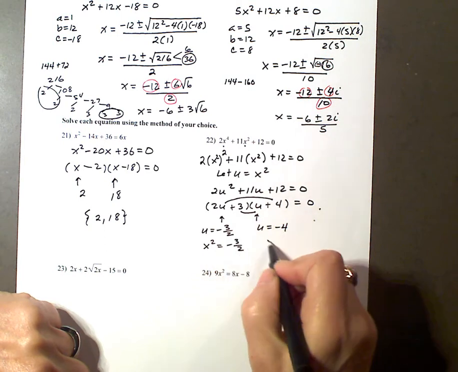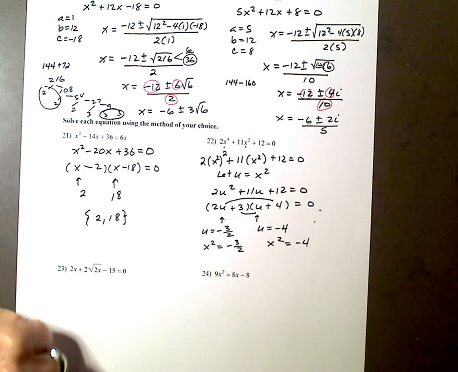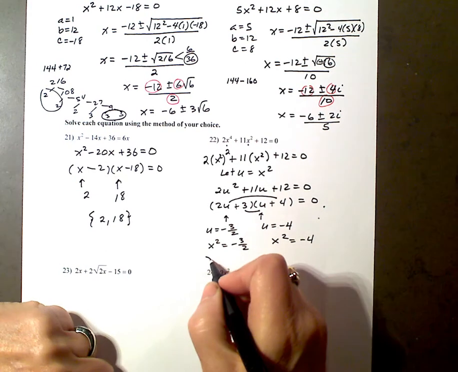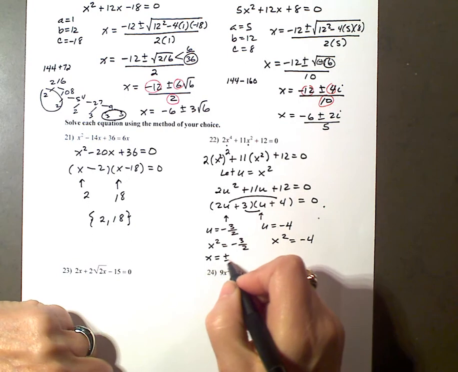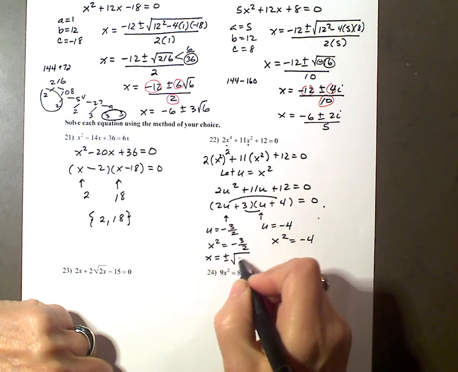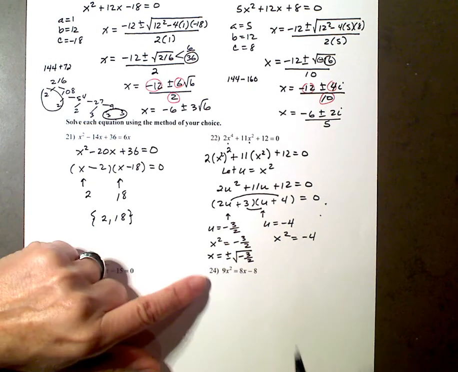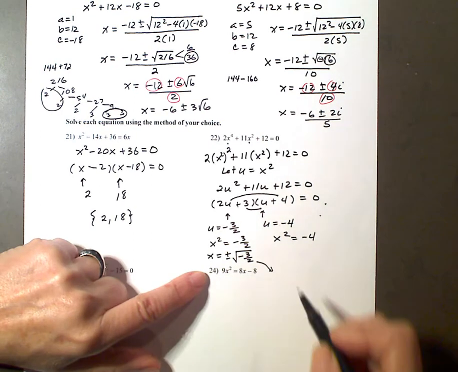X squared is negative 4. So on the left side, I'm going to take the square root of both sides. So x is the positive or negative square root of negative 3/2. I'm going to borrow some space over here to continue with this.